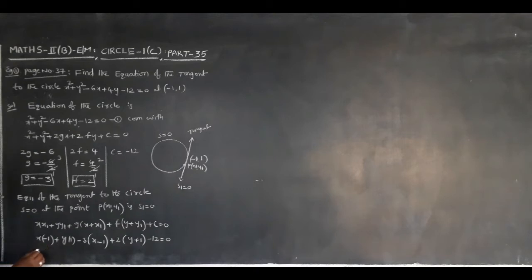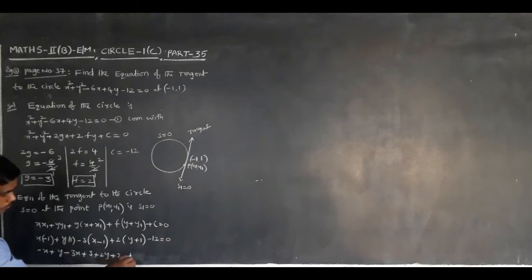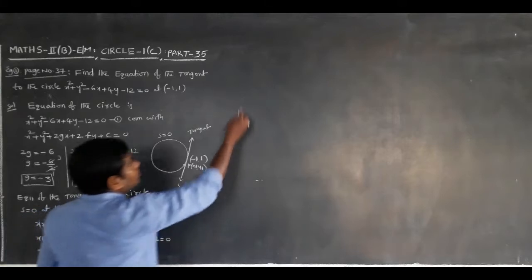Simplify: minus x plus y minus 3x plus 3 plus 2y plus 2 minus 12 is equal to 0.